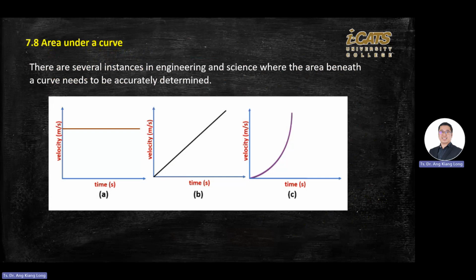Displacement. Area equal to velocity multiply time, right? This is your velocity, this is your time. So equal distance. Velocity unit is meter per second multiply second equal something in meter, which is your displacement or distance.